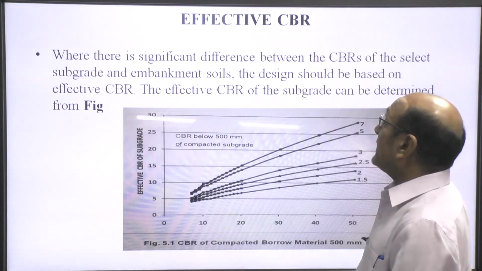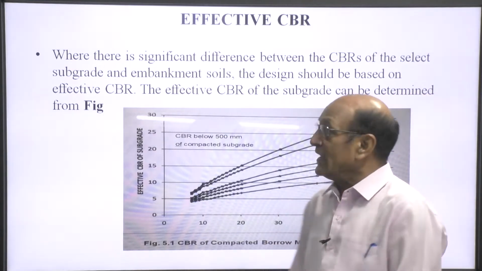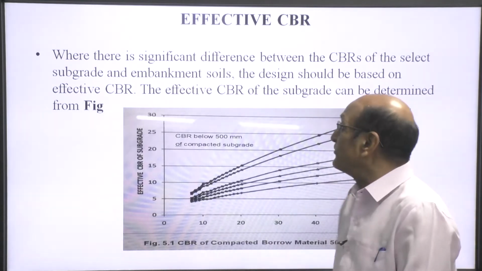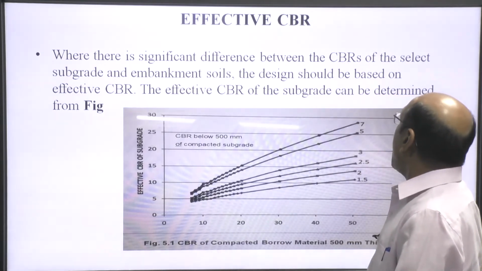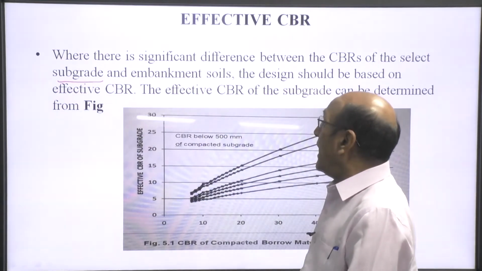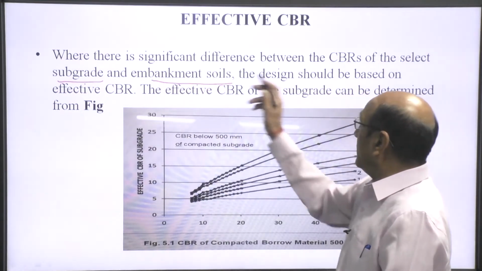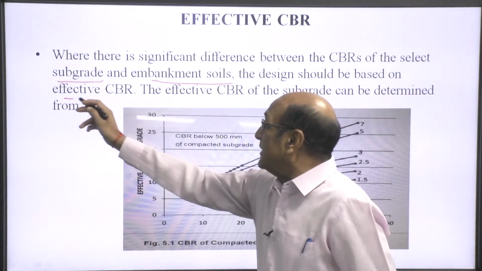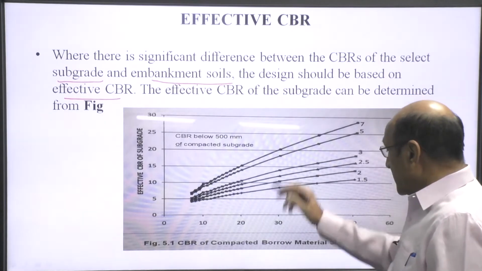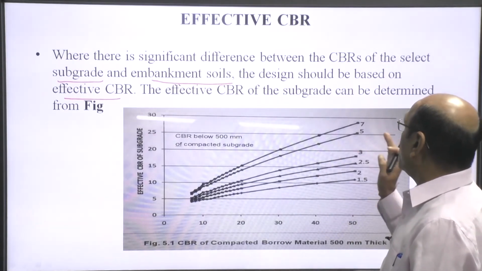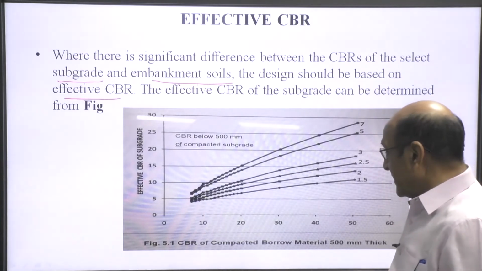Now, come to the effective CBR. Where there is a significant difference between the CBR of the select subgrade and embankment soil, the design should be based on the effective CBR, and that can be calculated by this chart.